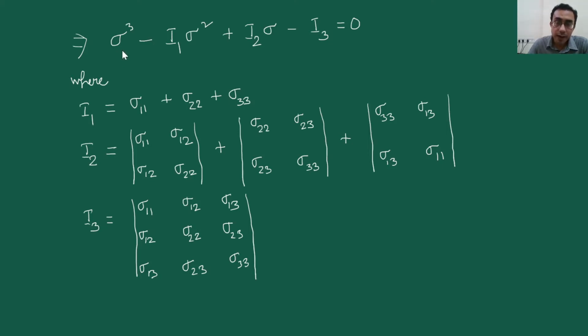So we must conclude only one thing: even if the individual values of these various stress components may change, the way that they are combined to form I1, the way that they are combined to form I2, and the way that these are combined to form I3 cannot change. So no matter which coordinate axis you choose, the I1 value is going to be invariant, the I2 value is going to be invariant, the I3 value is going to be invariant.